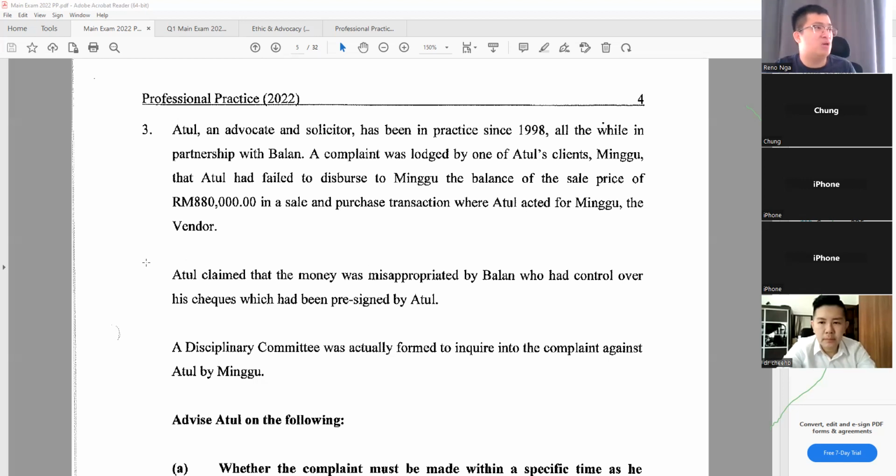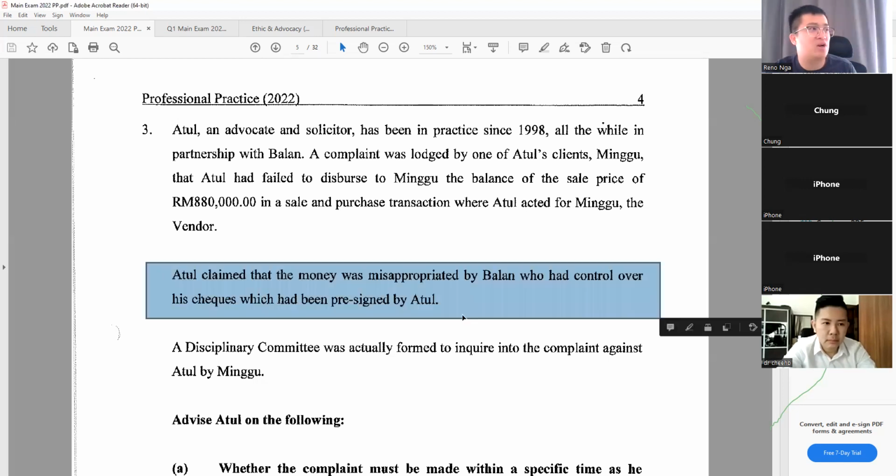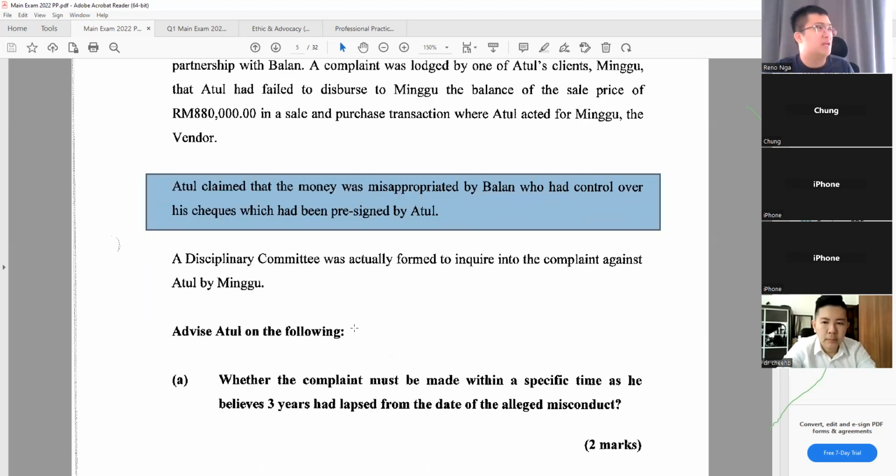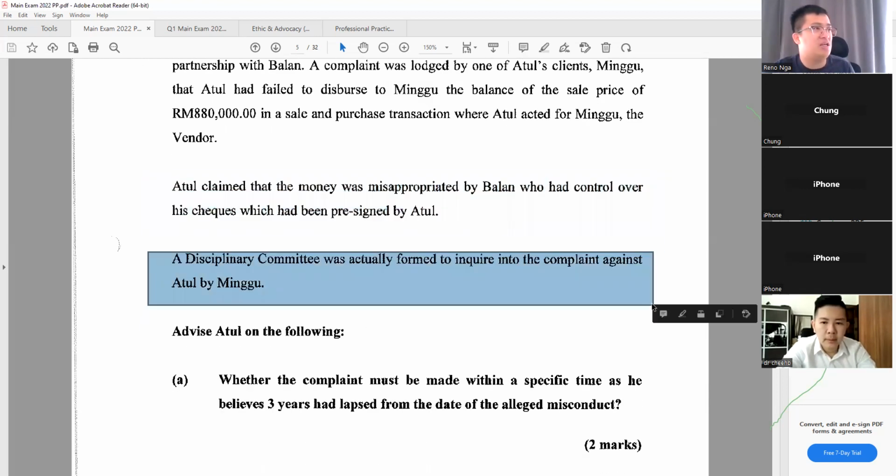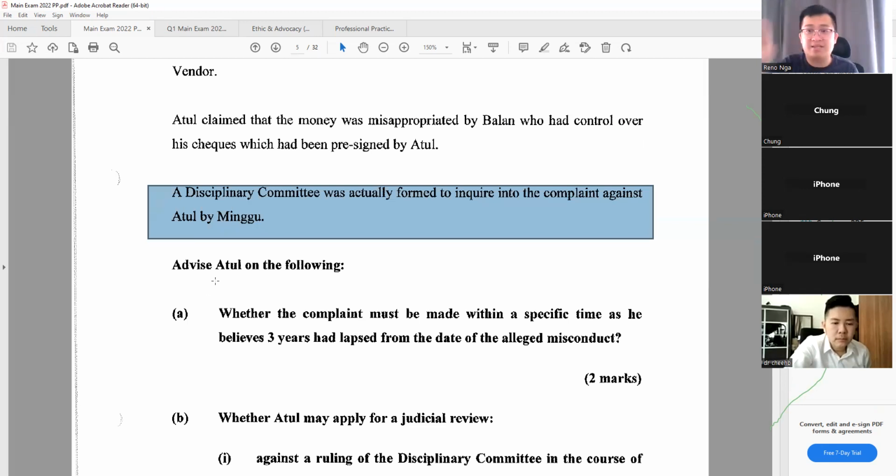A claims the money was misappropriated by B, who had control over his cheque and has been pre-signed by A. Okay, then a disciplinary committee was actually formed to inquire into a complaint against A by M. So basically, there's a DC.